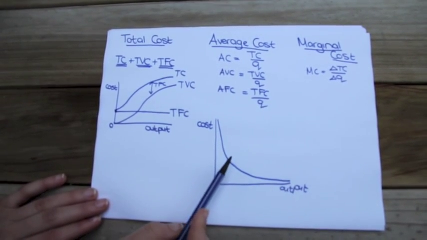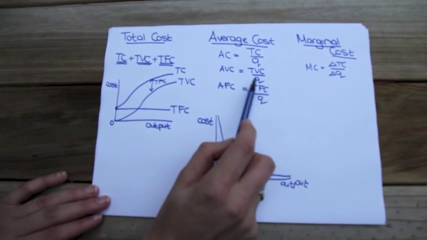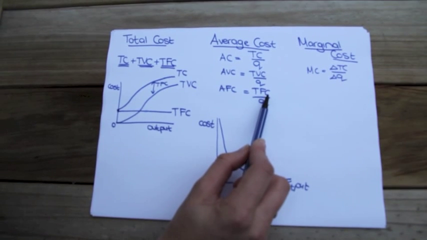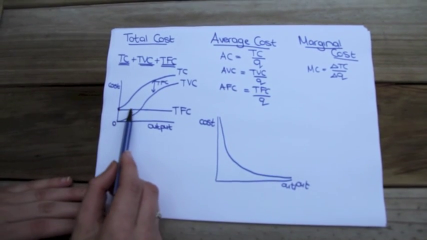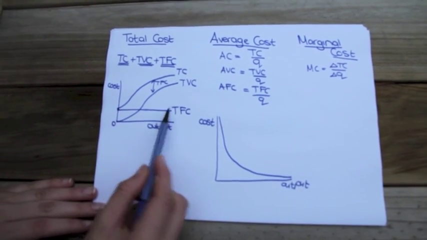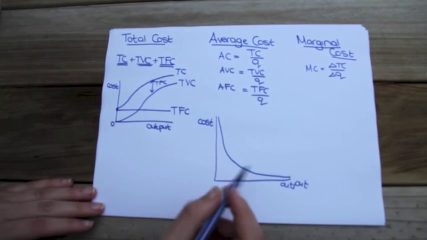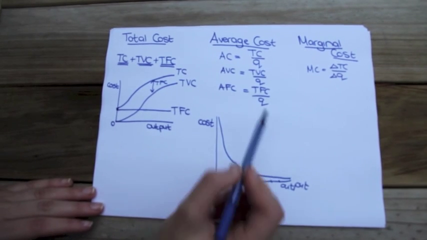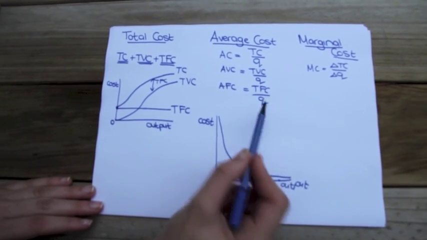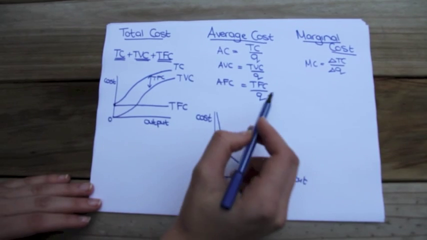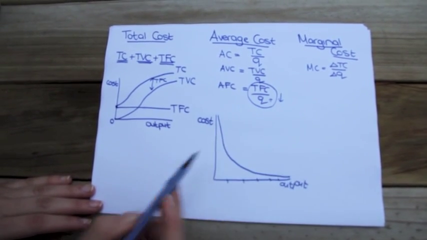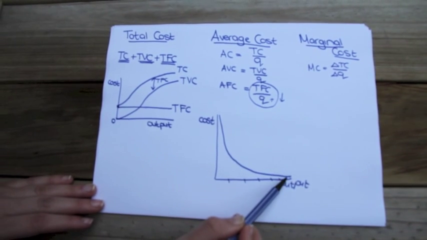This can be understood because average fixed cost is total fixed cost, which, look in this graph, is always constant, it never changes, divided by output. Now on our x-axis, output is increasing. So this number is staying the same whilst this number is increasing, causing the whole equation to decrease. That is why average fixed cost decreases.